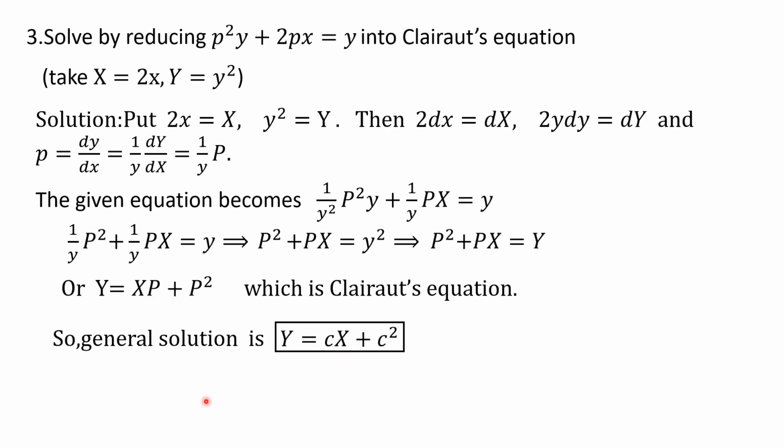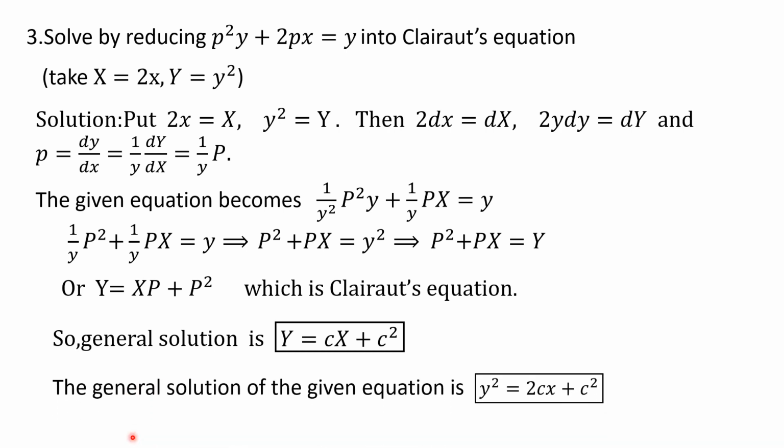But the required general solution, that is the general solution for the given equation, is y is equal to c into your variable x means 2x, so 2cx plus c square, and Y is what, y square. So substitute for both Y as well as X. So y square is equal to 2cx plus c square.